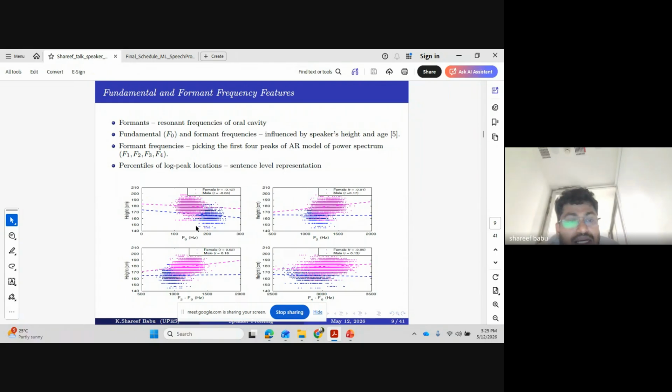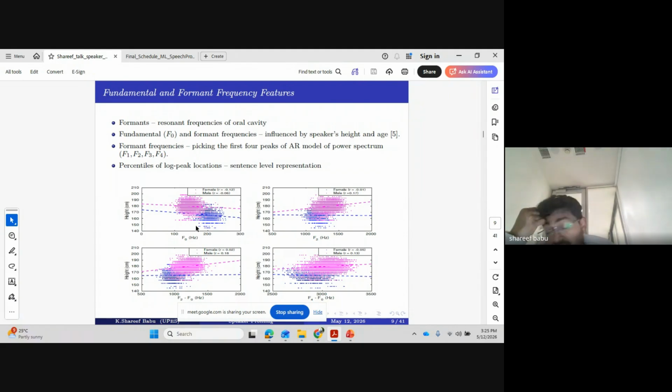Here we have the understanding that the fundamental frequencies and the formant frequencies have an impact on speaker height and age. So we try to explore different formant frequencies, like formant 1, formant 2, formant 3, and so on.